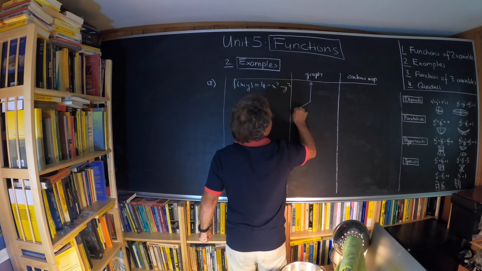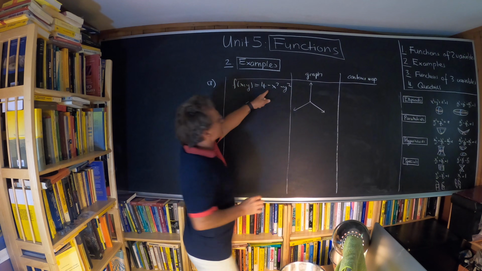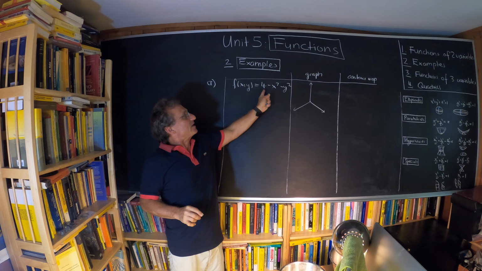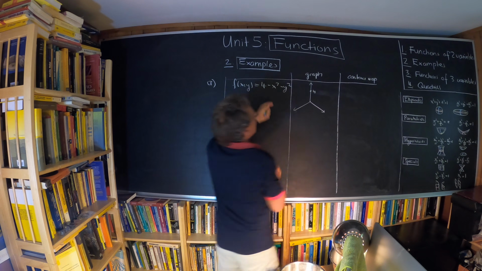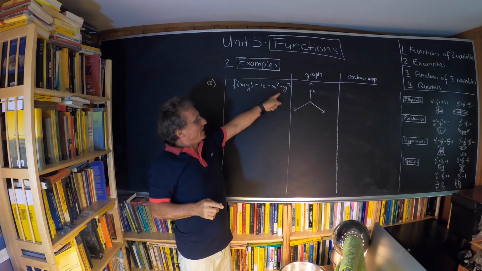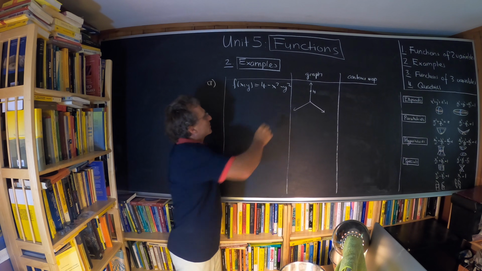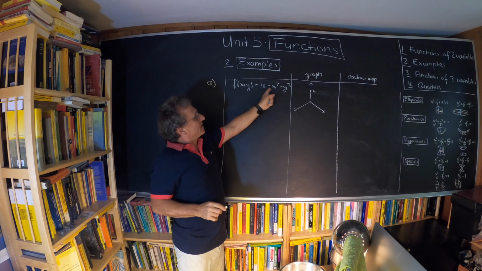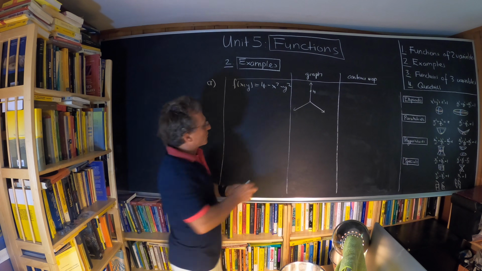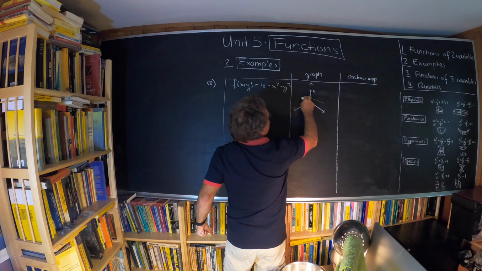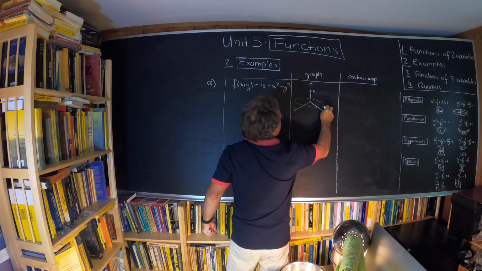You can see where the intercept with the z-axis is when x and y are equal to 0. That's the value here. So it is at 4. And then it goes down. When z is equal to 0, this means x squared plus y squared is equal to 4, which means a circle of radius 2. So that's the roots, right?